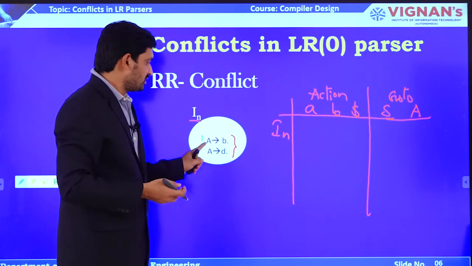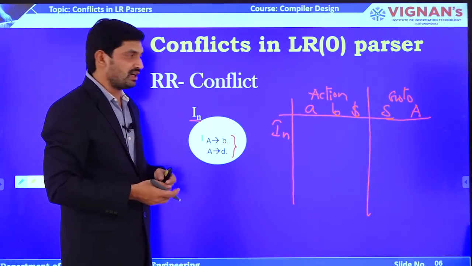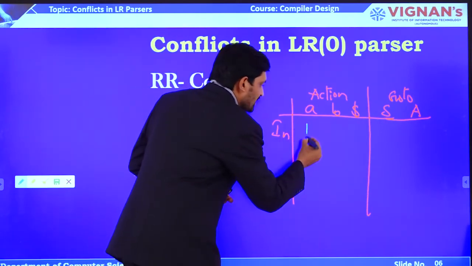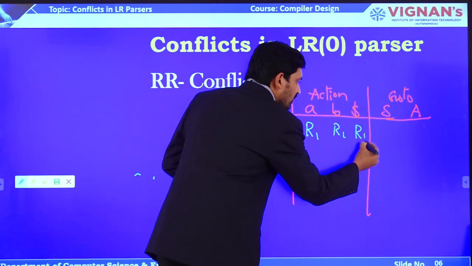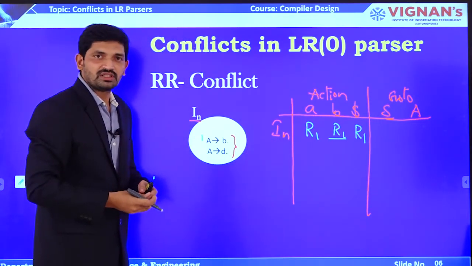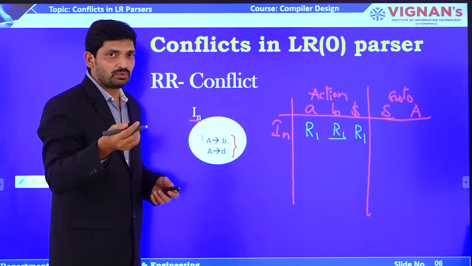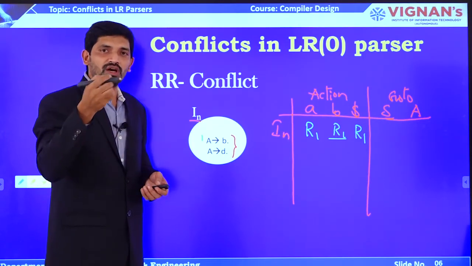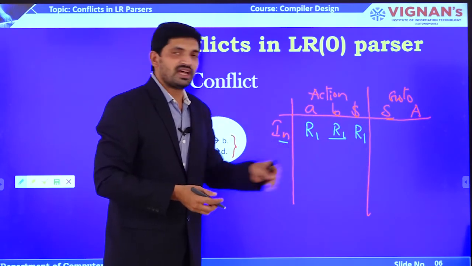Let us say this is R1, or this is the production number 1 in the given grammar. So, I have to place R1, R1, R1 in the entire row of this IN of this action part, because if there is a final item in the LR0 parser, we have to perform the reduction operation and we have to place the reduce operations in the entire row of this action part.